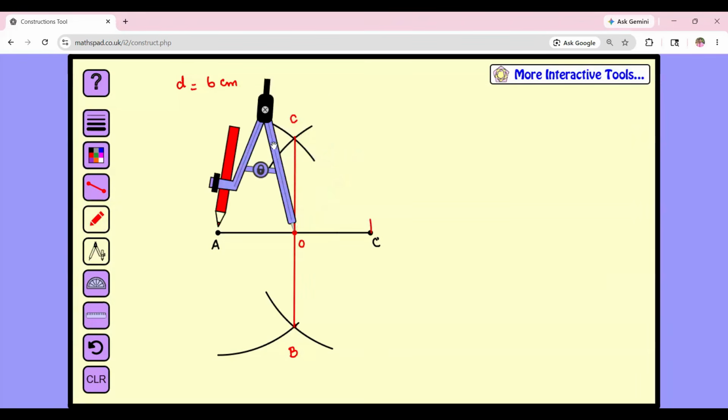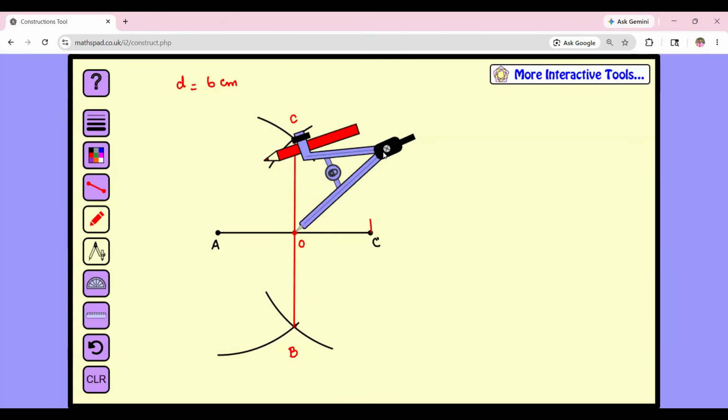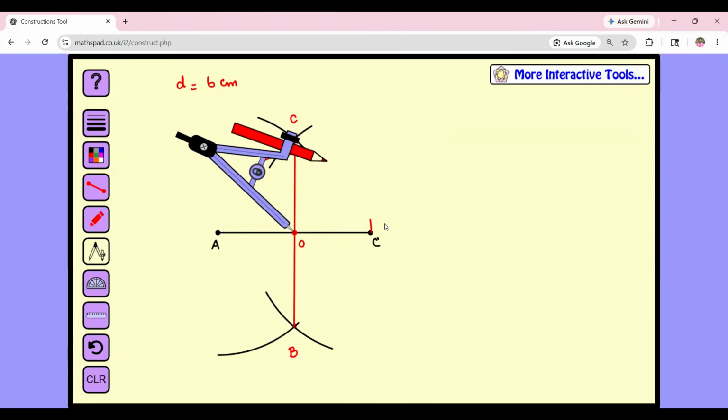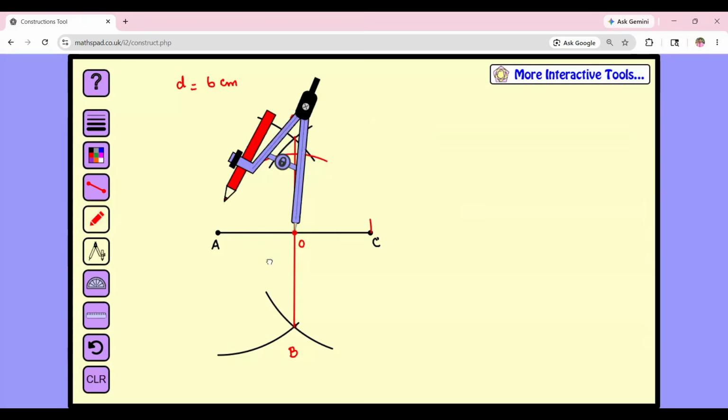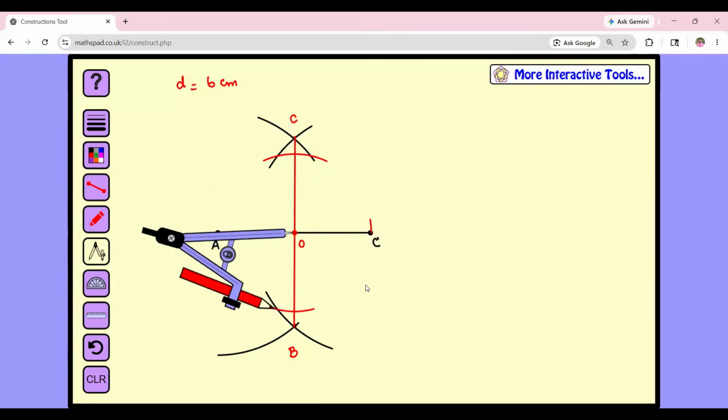Here you have to draw an arc. Just draw an arc. This is for 3 centimeter. And down also, I have to draw an arc for 3 centimeter.